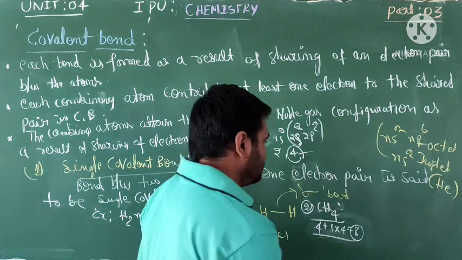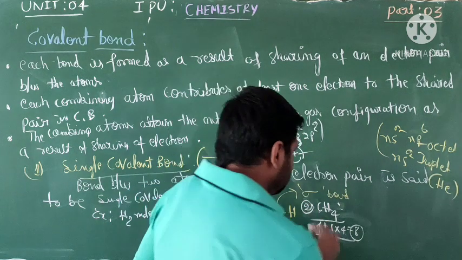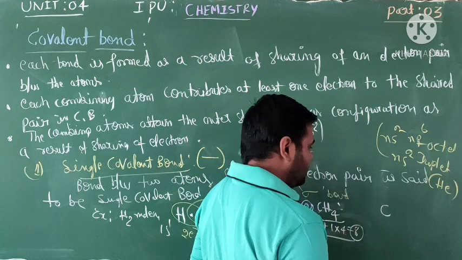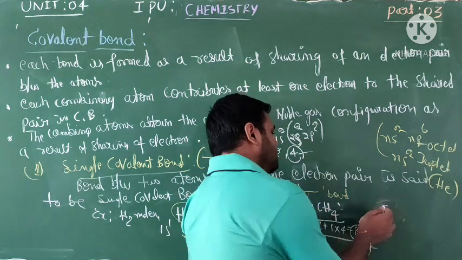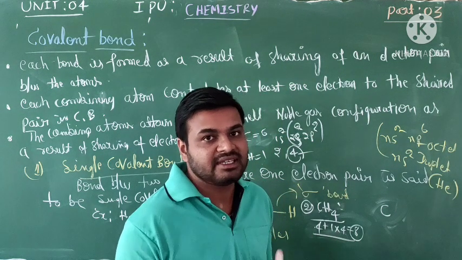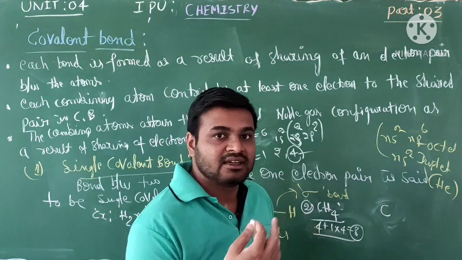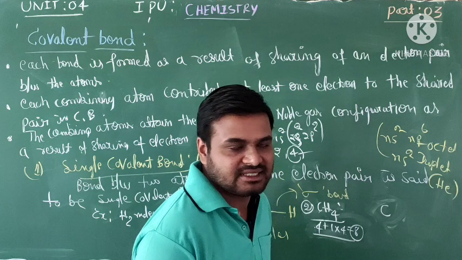Clear? When we represent the covalent bonds, carbon is the central atom, with the maximum bond capacity of 4, because 4 valence electrons are present.